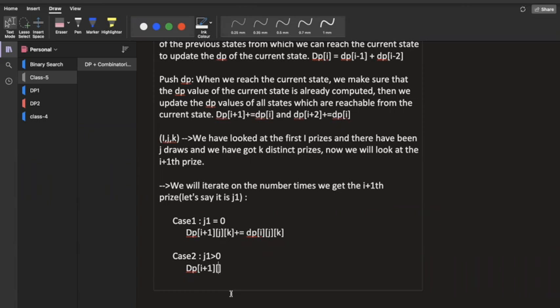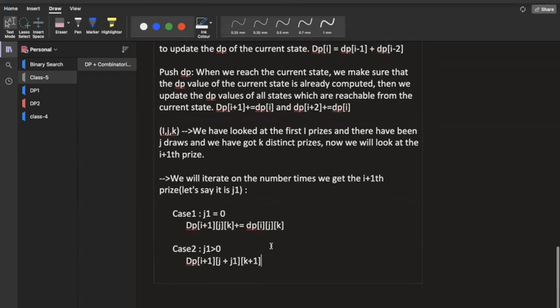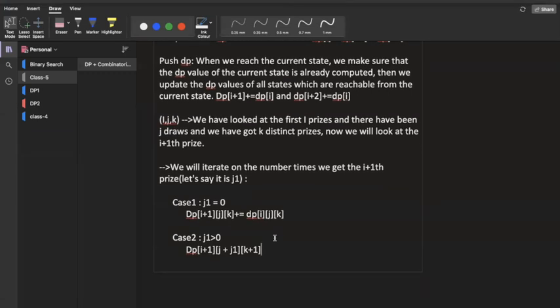So the new state is dp I plus 1, j plus j1, and k plus 1. Why? Because the number of draws simply increased by j1, and the number of distinct prices increased by 1 because I am adding the price of type I plus 1. This is the new state of my dp. But what about the transitions now? What should it be equal to or plus equal to?